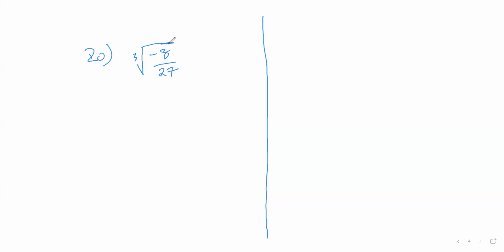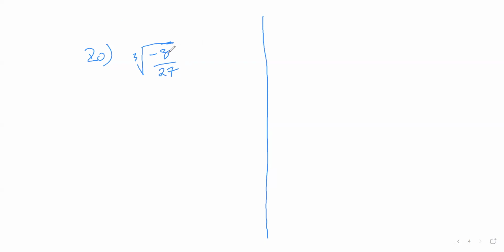Okay, evaluate this expression. So we are going to be applying the same method we applied in the previous question to evaluate this expression, by trying to write our radicand as the cube of some expression or some number. If we can do that, then the radical sign and the index are going to cancel each other, and we'll be left with just the radicand as our solution.